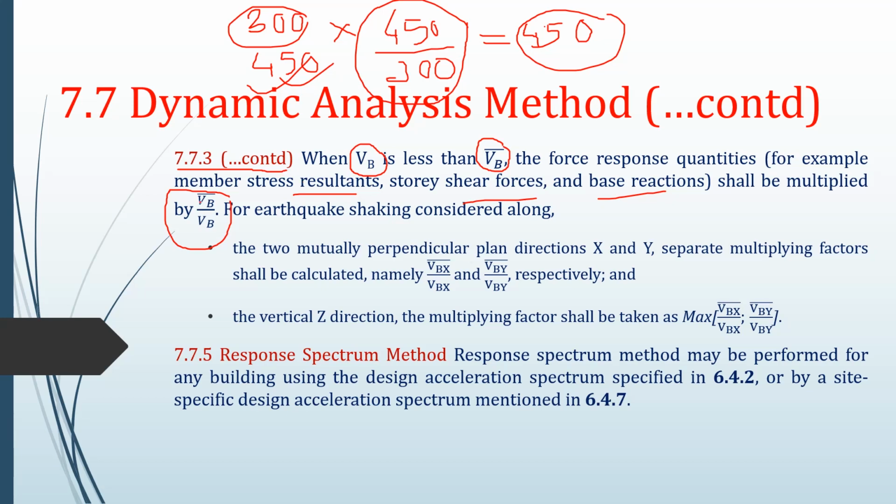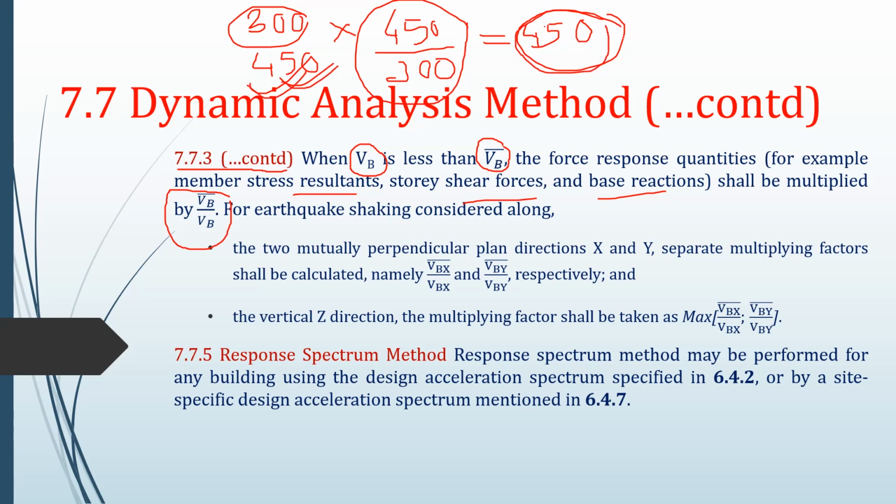So in the IS 1893 code, what this is trying to say is that our base shear calculated from the dynamic analysis method should be at least 100% of the base shear obtained from the equivalent linear static method. So in this example, when we multiplied 300 by this factor, we got the minimum base shear equal to the base shear obtained from the linear static method.